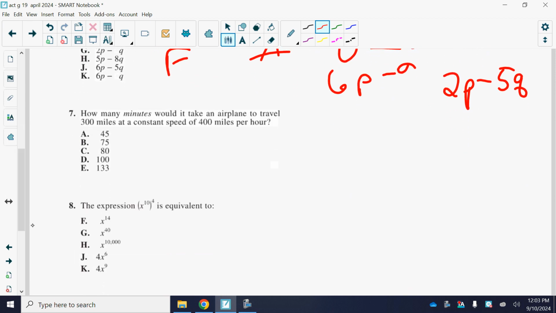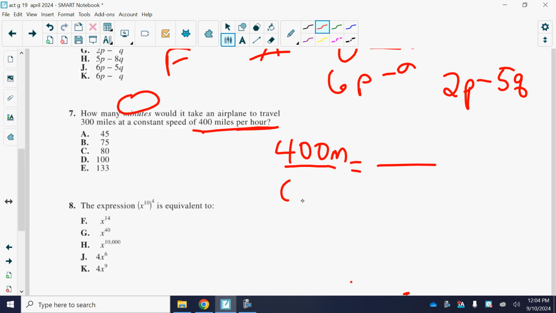Ratio proportion. So how many minutes will it take an airplane to travel 300 miles? This is ratio proportion. So I'm traveling at 400 miles in 1 hour, but they're asking for minutes. How many minutes are in an hour? So I'm going to go 400 miles in 60 minutes, huh?